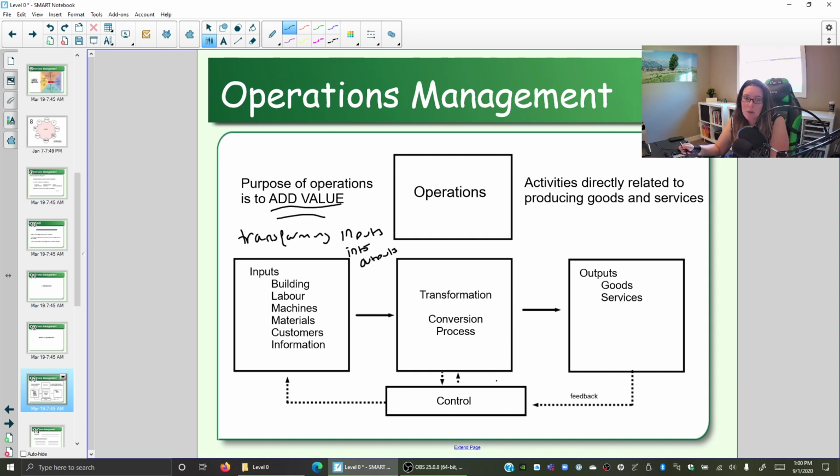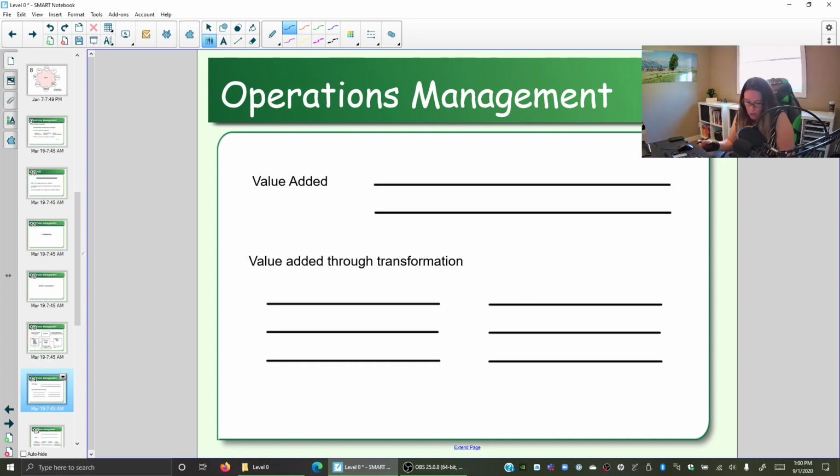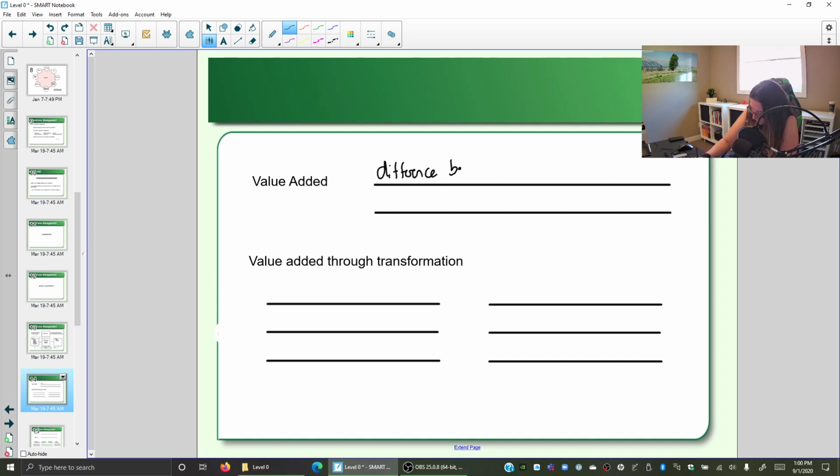And there are different ways that companies can transform or add value. So when we talk about value added, we're talking about the difference between cost of input and the price we sell it for.